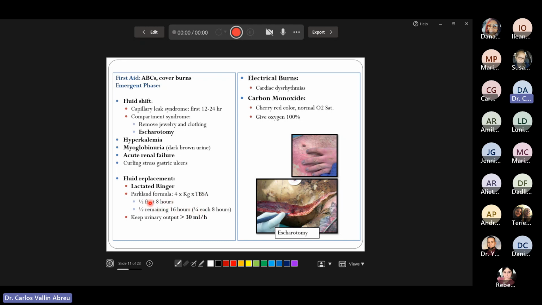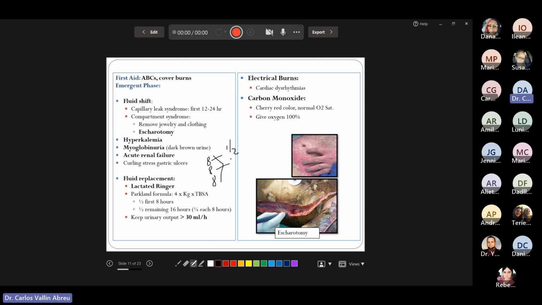You know that the day has 24 hours, so 8 plus 16 is 24. The remaining half in the remaining 16 hours is the same as saying 1/4 of the volume in the second 8 hours and 1/4 in the third 8 hours. First 8, second 8, third 8, that makes 24.